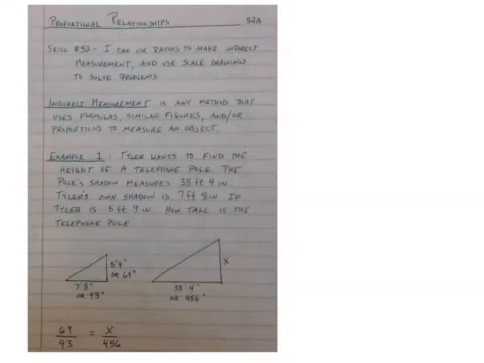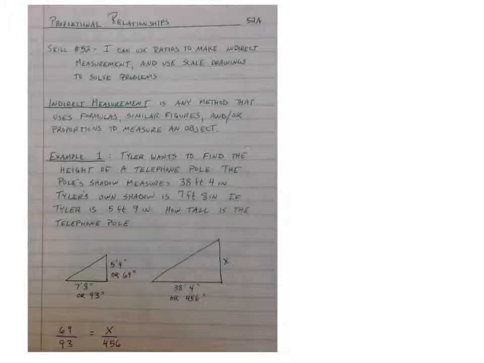Alright, this skill breaks down into two pieces, using indirect measurement and then finding the perimeter and area of similar shapes. The first thing we should know is what indirect measurement is, and that's basically a measurement that you make indirectly.